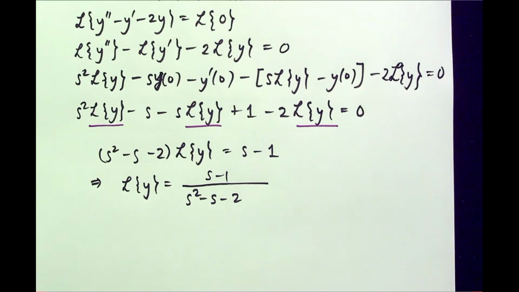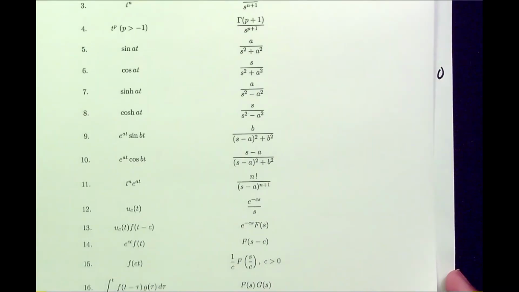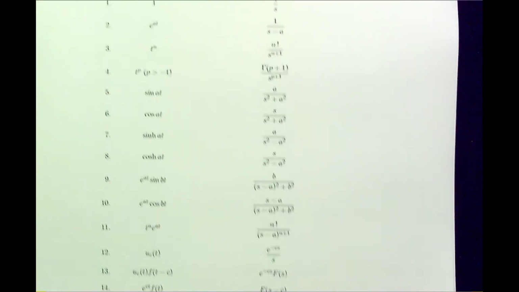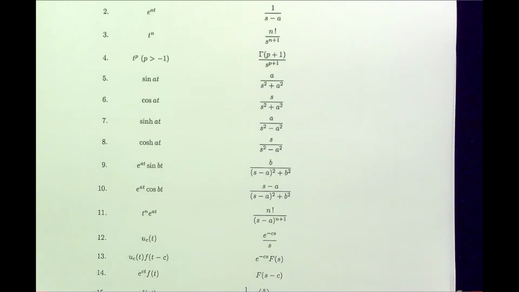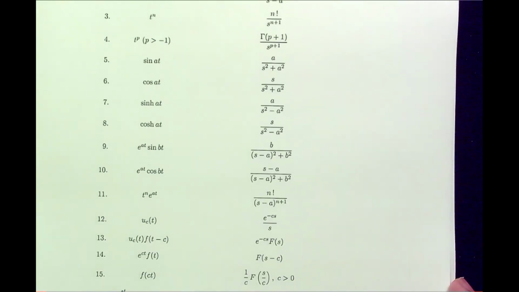Okay, if you look at the table of Laplace transforms, let me see where I put it. There it is. If you really look attentively at all the formulas that we have here, there is none that looks quite like what we have in this problem.